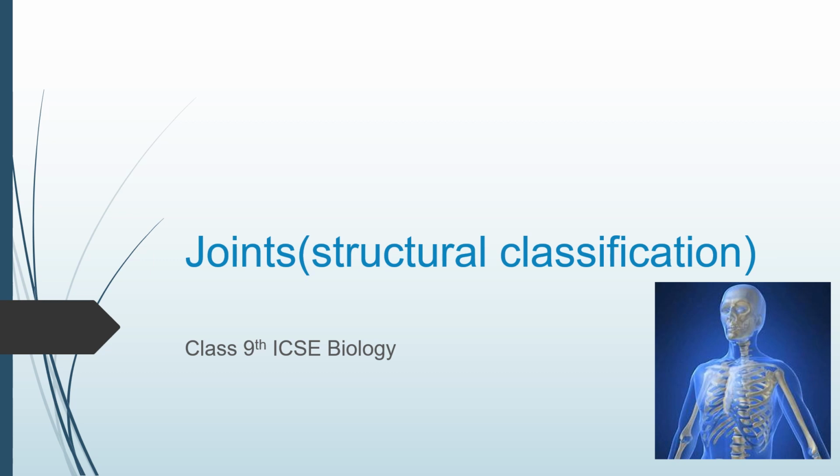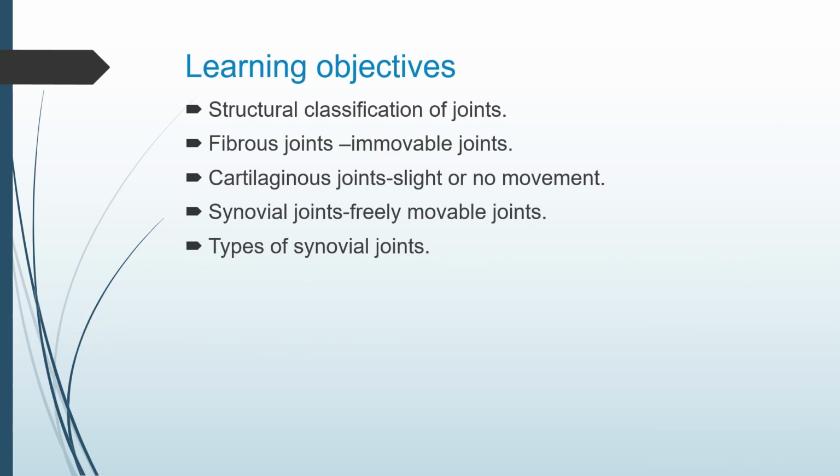Now let us start with today's episode of joints structural classification. What are the learning objectives of today's lesson? We will be discussing the three main types of structural classification of joints. Now, what are those? First one is the fibrous joint, second one is the cartilaginous joint, that is, they are having slight or no movement.